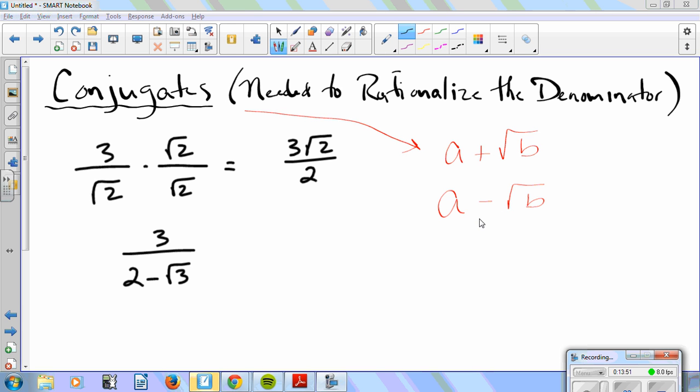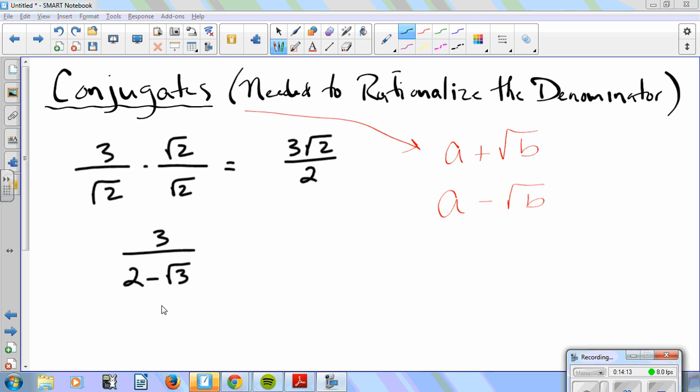So if you've noticed what's changed, the only thing that has changed is the sign in between them. a is still a, the square root of b is still the square root of b. It's the opposite sign. And if you remember in our warm-up, we had 9x minus 7 and 9x plus 7. That middle term canceled out. The same thing will happen here when we use the conjugate.